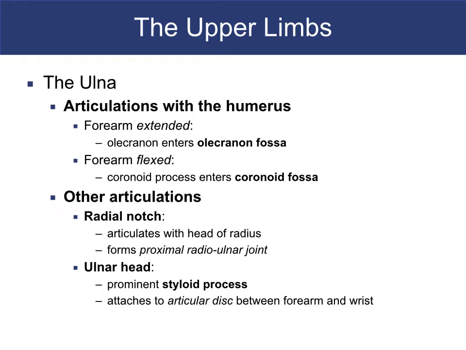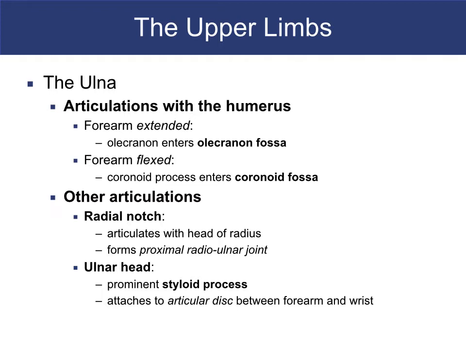Once again, I think I have the right and the left one here, but I don't have any others with me. Not a problem. Just know that this is the radial notch where the radius is going to fit into the side of the ulna.